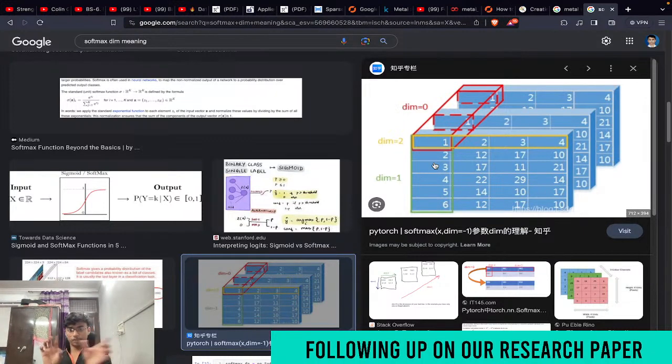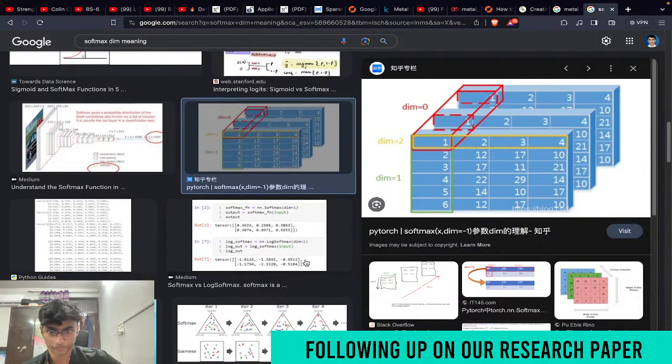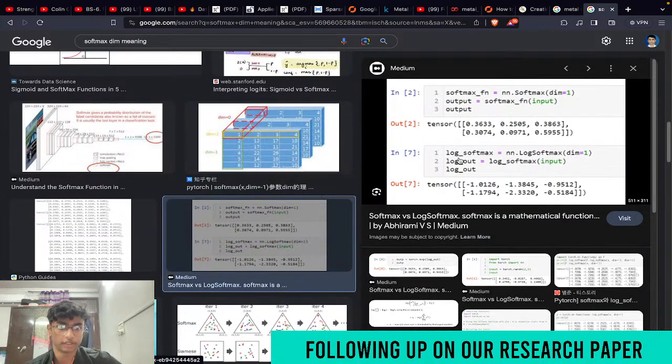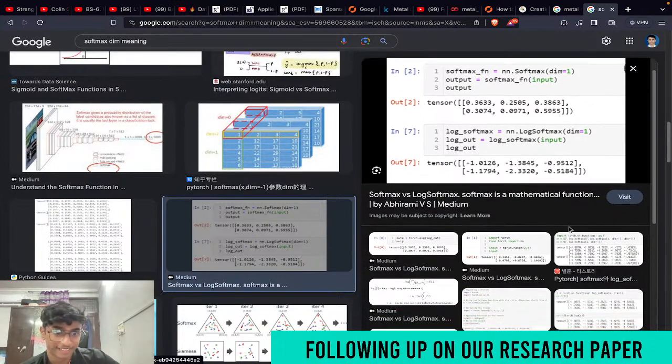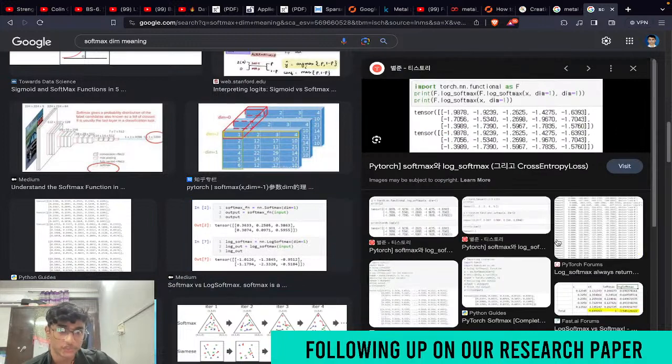We're telling it to keep doing the softmax in these layers for the classes. It would make more sense, you would easily be able to see it. Let's see if this can explain it. The softmax function is nn.Softmax with dim 1. Output is equal to the softmax function of input. They have not shown us the input. That doesn't help. Let me see if I can explain it to you some.